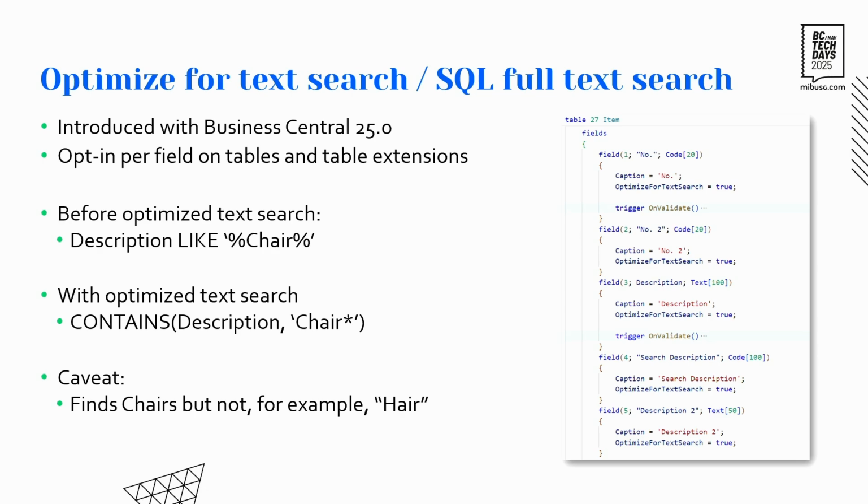So when you have an Optimized for Text Search field, previously the search from the client would just turn into a SQL statement with some wildcards, and that would force SQL to go through all the data to see what matches. The moment you enable Optimized for Text Search and then query from the client, we will automatically turn that into a full text contains statement.